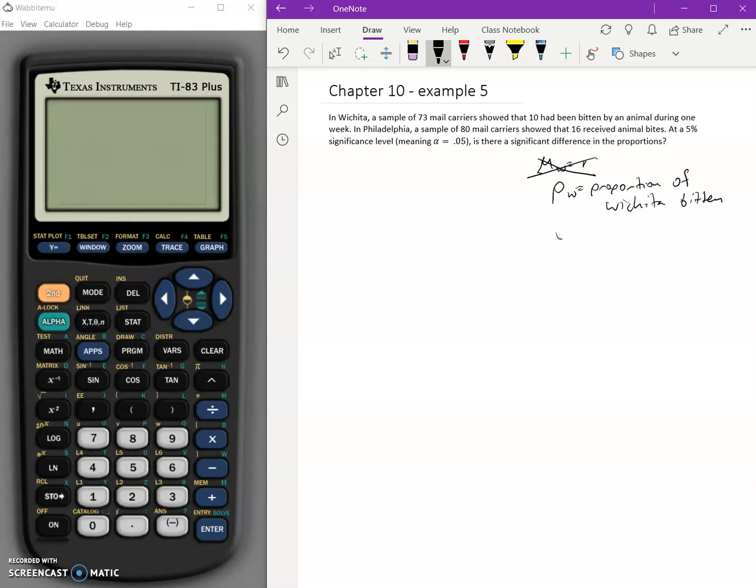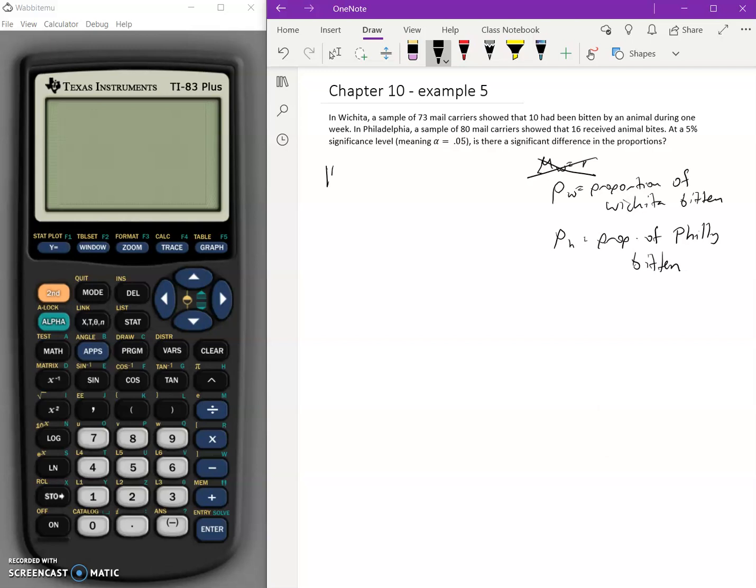And we will do p sub h to represent the proportion of Philly bitten. Okay, now notice real quick, I did not use mu's because we're not using means, so mu sub 0 will never appear, but I will be having proportions appear.